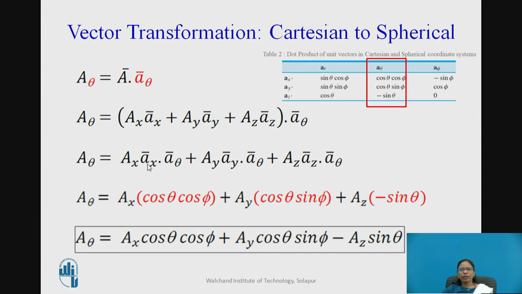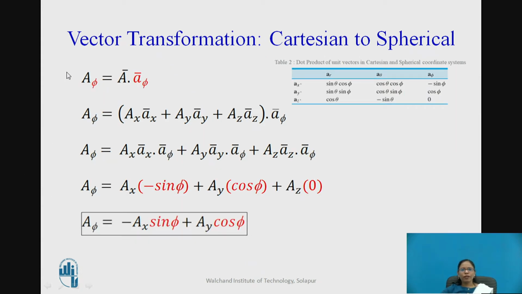In table 2, I can see ax dot a theta is cos theta cos phi, which I substitute here. Ay dot a theta is cos theta sin phi, and az dot a theta is minus sine theta. So finally I get the magnitude A theta as Ax cos theta cos phi plus Ay cos theta sine phi minus Az sine theta.